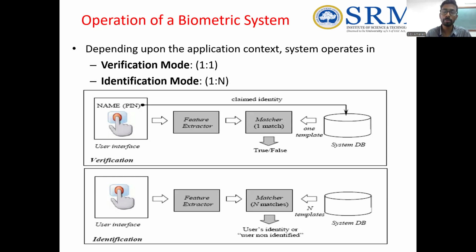The n number of entries will be available in the database. Through the n number of entries, it will take out the right person, use the decision rule, and declare whether it is true or false. So that is the difference between verification and identification. Verification means 1:1, and identification means 1:n.